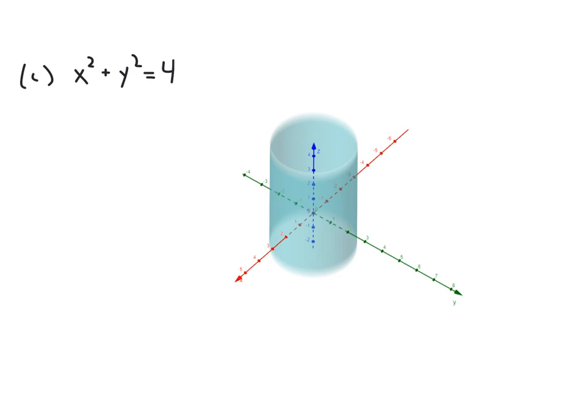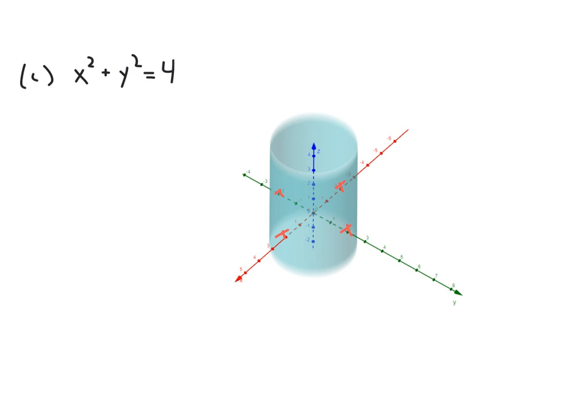But this cylinder, if we were able to sketch it on the xy plane, would intersect at 2 on each of these axes, and at -2 as well. So if we were able to look down from above, we would see that this cylinder intersects the axes at these 4 particular points. So in the xy plane, this is exactly the circle, x squared plus y squared equals 4.